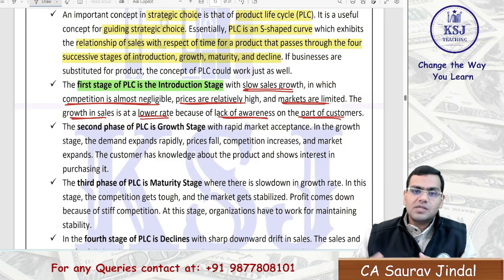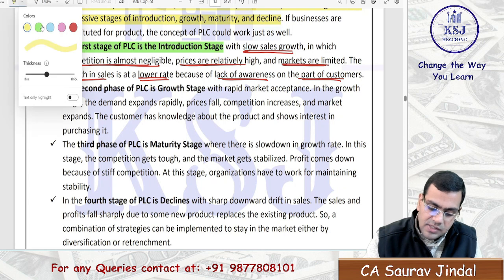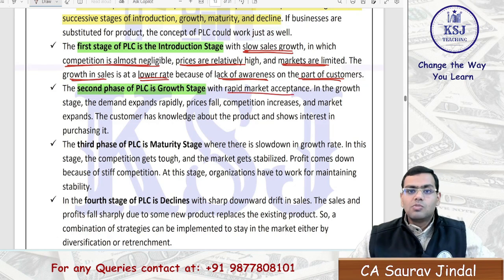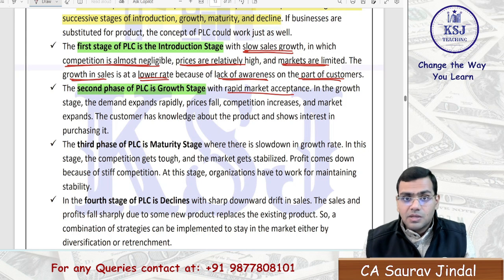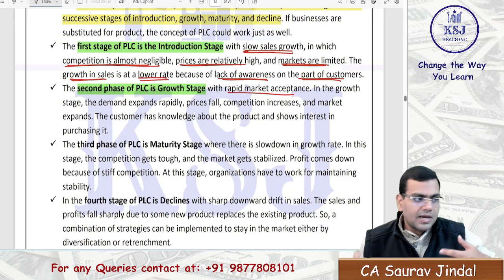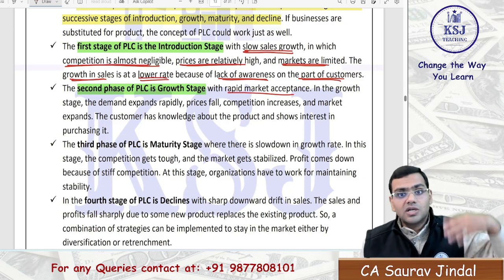Now, after a certain point of time, there will be a stage that we call the growth stage, right? The second phase is the growth stage, with rapid market acceptance. As more and more people get aware about the product, the market will rapidly grow. I got to know about a particular product, I will share with 10 other people, right? And if they get benefit from that product, they will share with another 10 people.